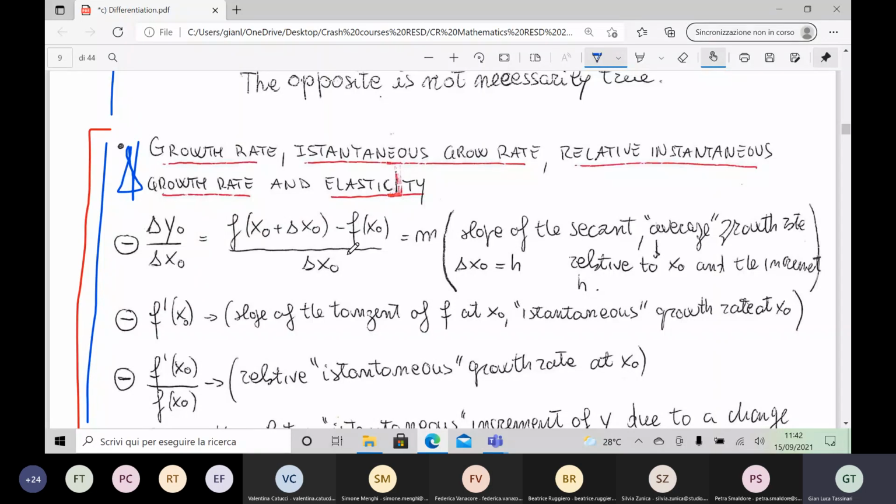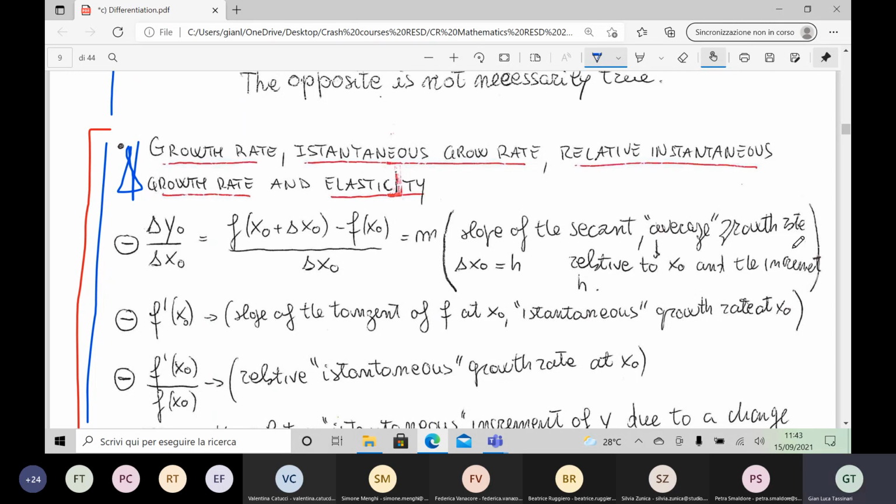So it's an average increment. If you multiply this average increment that you call m times delta x0, what you get? The effective change in the value of your function as x passes from x0 to x0 plus h.